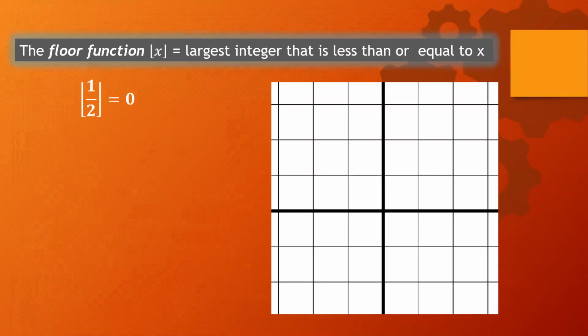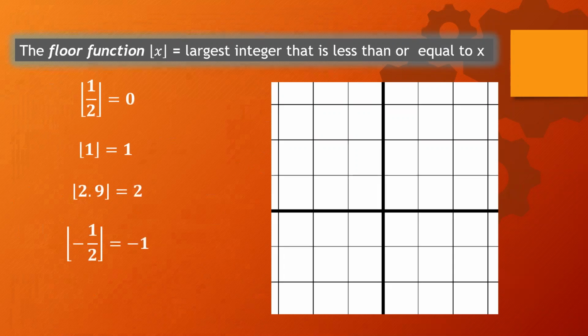So the floor of a half is 0, right? We're kind of just cutting off the decimals. Floor of 1, no decimals to get rid of, it's a 1. 2.9, round down, 2. These are all pretty straightforward. Where this gets tricky is with the negative numbers.